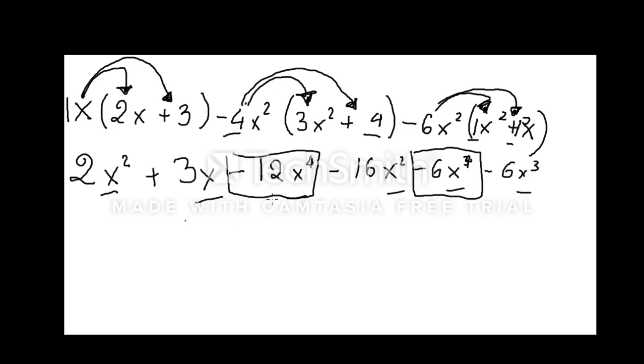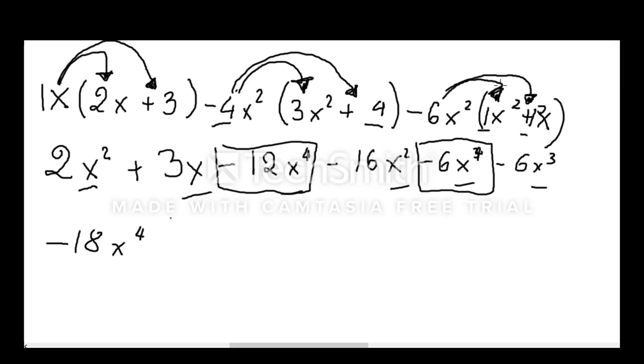And right now we can also combine the numbers out front. So negative 12 minus 6 is going to give us negative 18x to the fourth. Right now I only see a negative 6x to the third, but I don't see any other x to the third, so I just simply place negative 6x to the third beside negative 18x to the fourth.